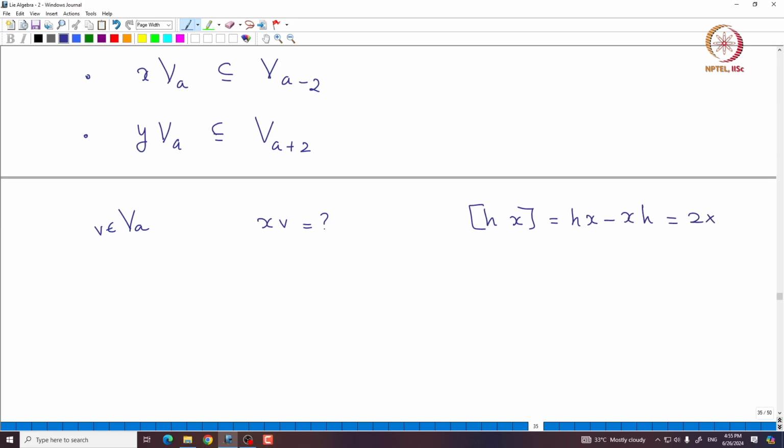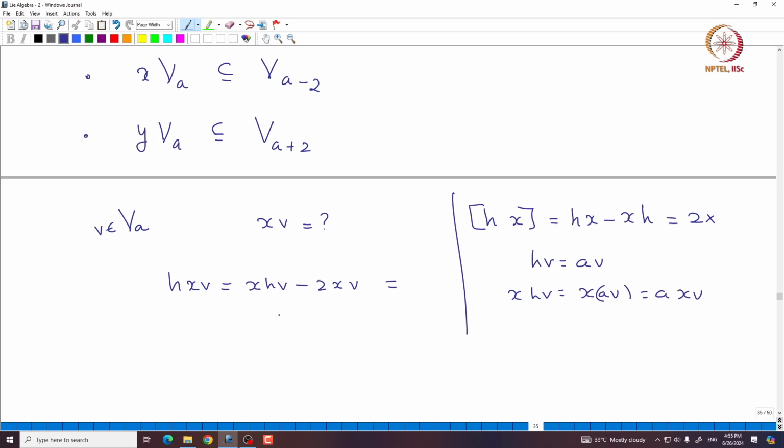Now, if you take these elements and apply them on v, then we get H x v equal to x H v plus 2 x v. But note that H v is nothing but A v. So, x H v is going to be x A v, which is A x v.